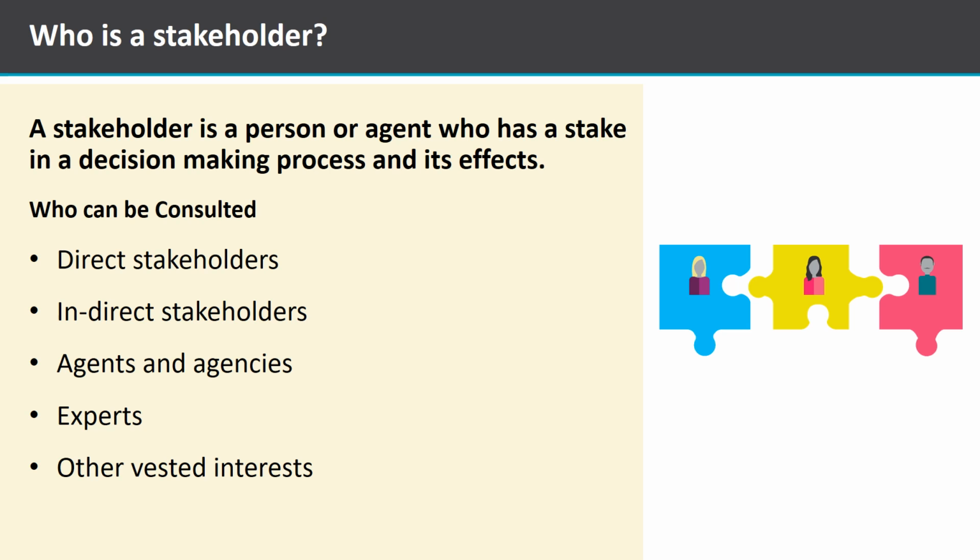It can be indirect stakeholders, because the people who may be affected may not be directly the stakeholder. It may be agents or agencies. It may be experts and commentators and other vested interests.